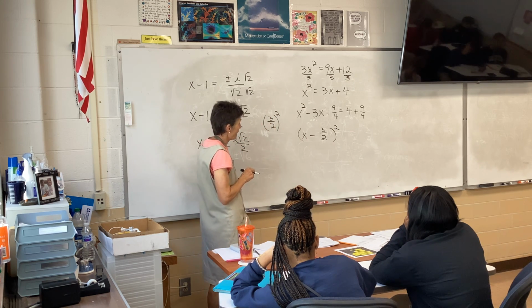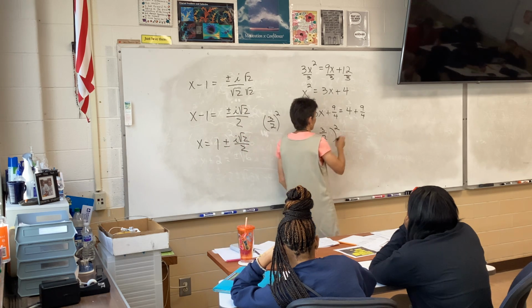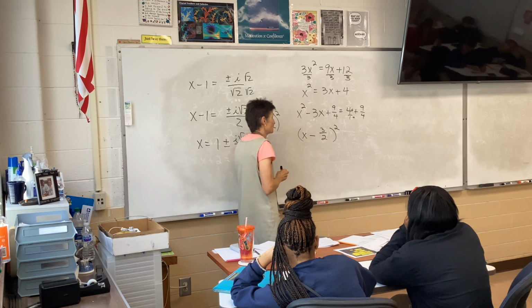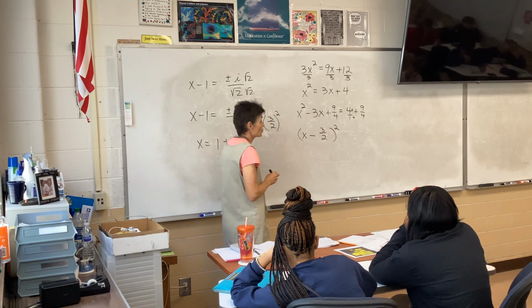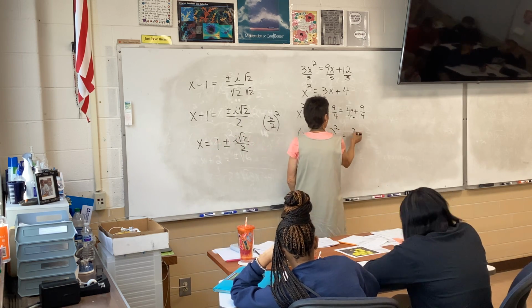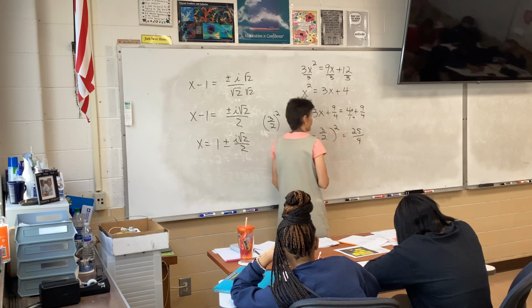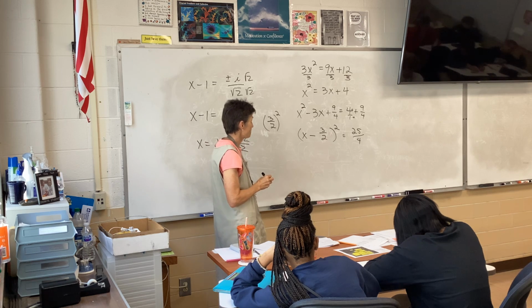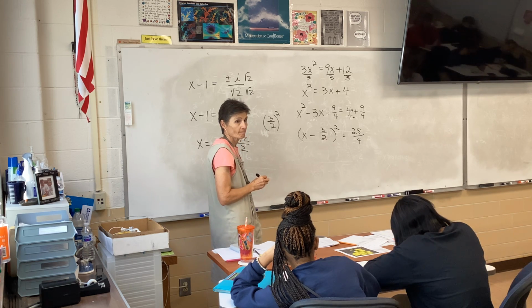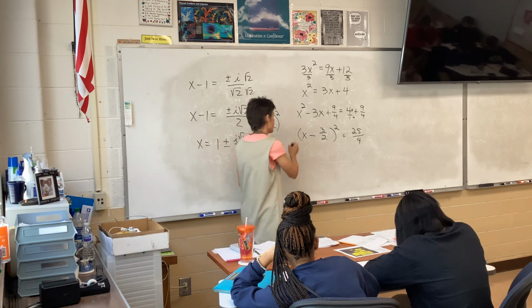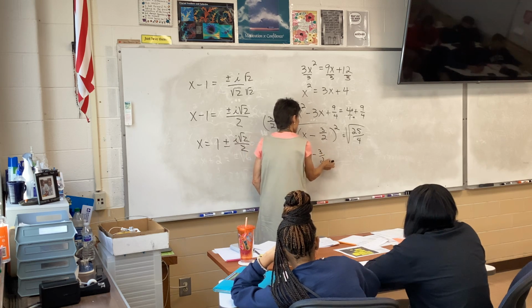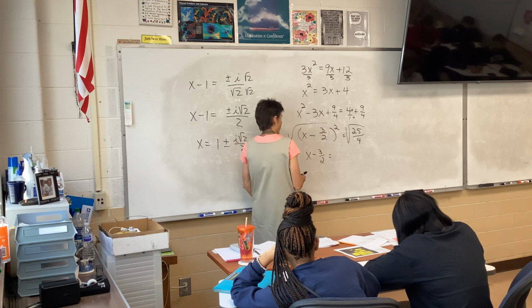What's on the other side? Well, we need a common denominator. I heard somebody say it, 25 over 4. Get a common denominator when we add fractions. All right, we square root both sides. So x minus 3/2 equals what?